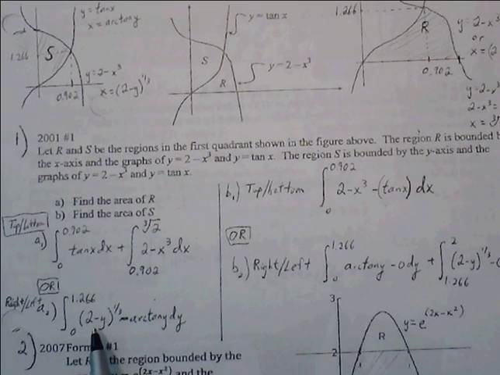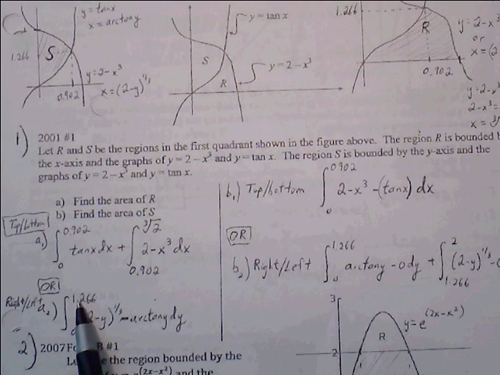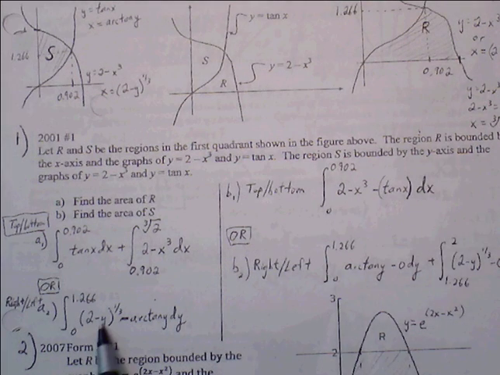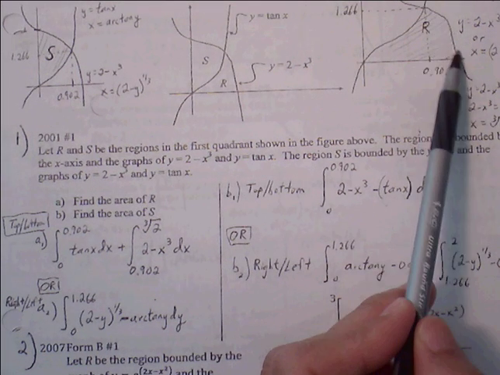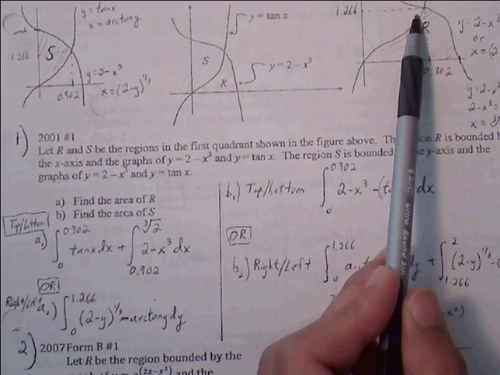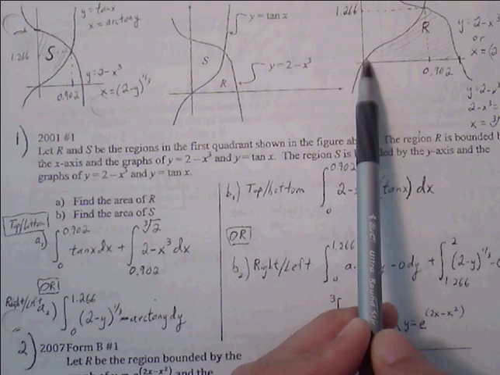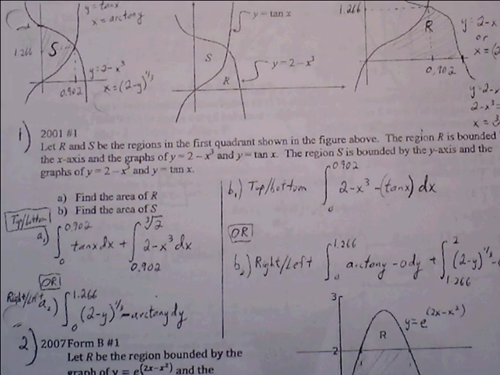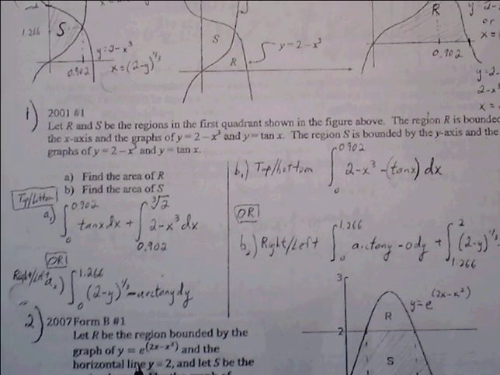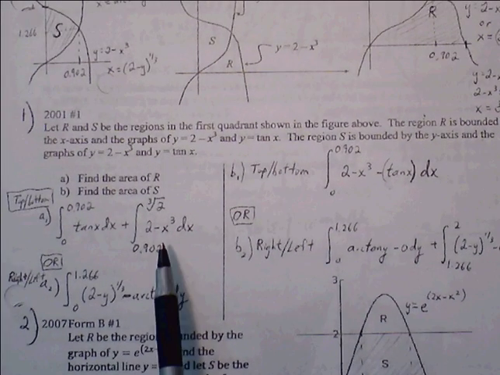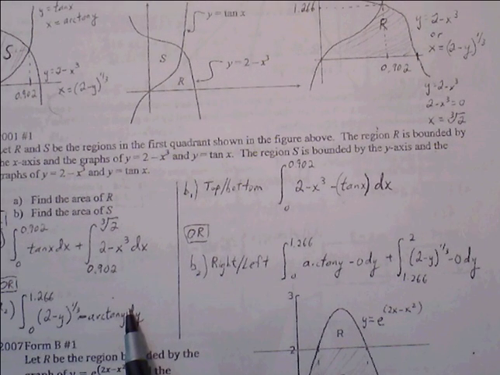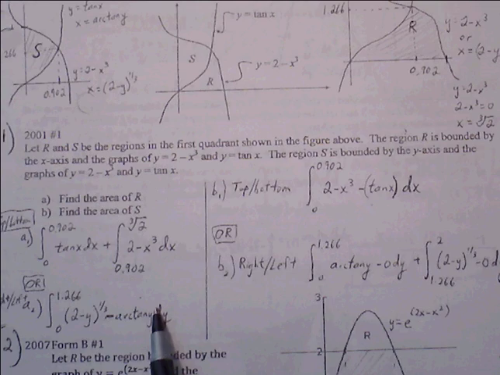So right minus left will be the integral from 0 to 1.266 of the right curve minus the left. The right curve is 2 minus y to the 1/3, minus the left curve, which is arc tangent of y. So if we find the area using either method, we'll be able to get the area of R.